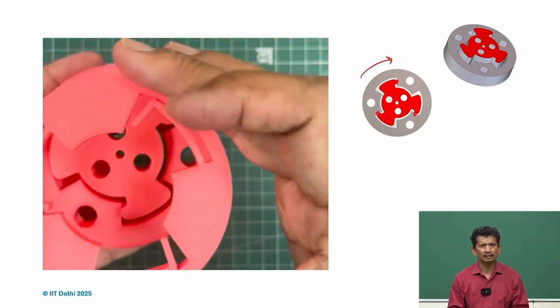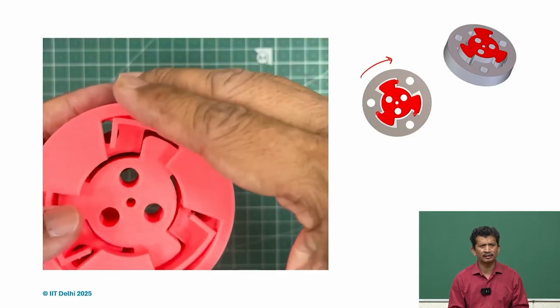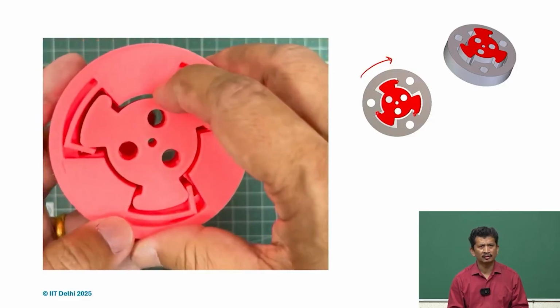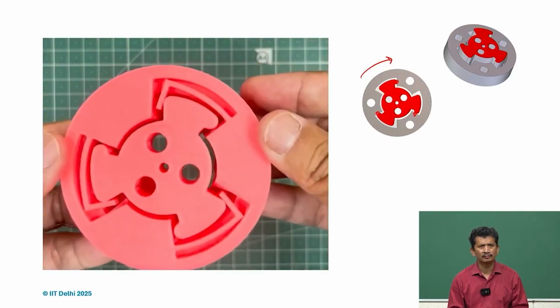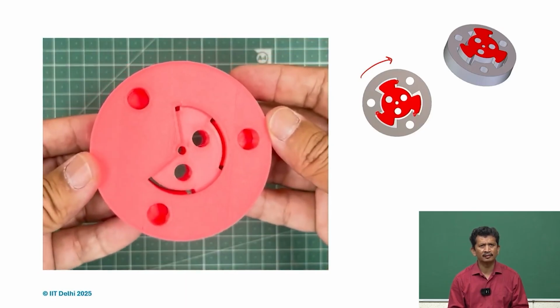So, this is just a locking mechanism, or a mechanism to provide that nesting force. So, just click it and lock it, and it moved to the center. So, you can see that it's aligned.